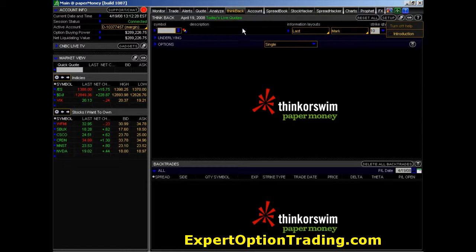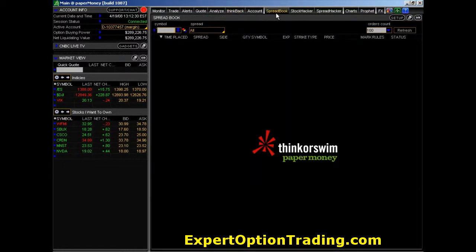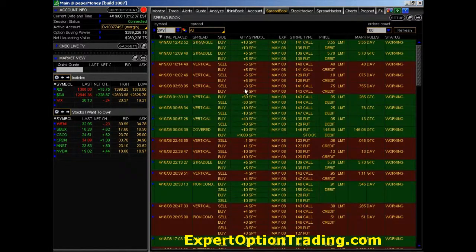So you can kind of play with that if you like. I really don't use it too much. The spread book is kind of interesting because it lets you kind of spy on what other people have put in as orders and just kind of see what they're doing, whether they're doing verticals or straddles or strangles. I really don't pay attention to that too much either because I have my own strategy.